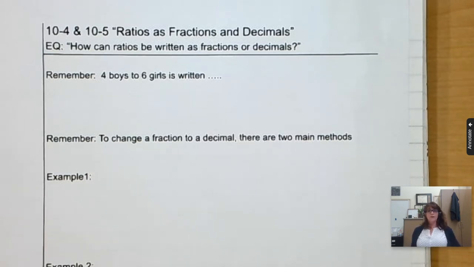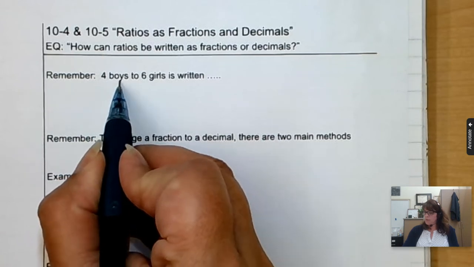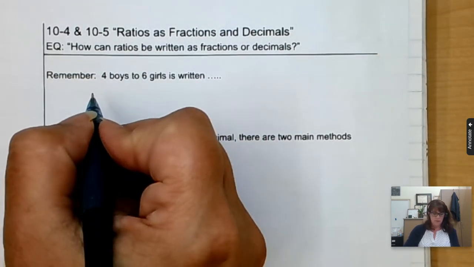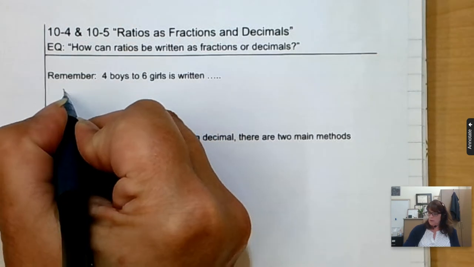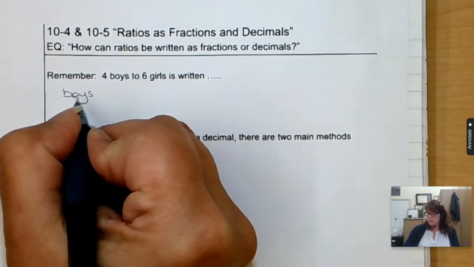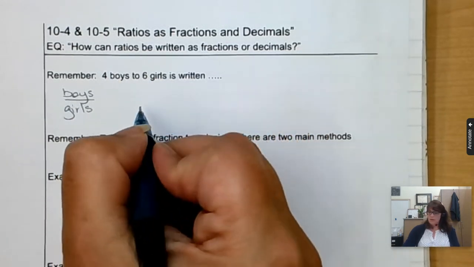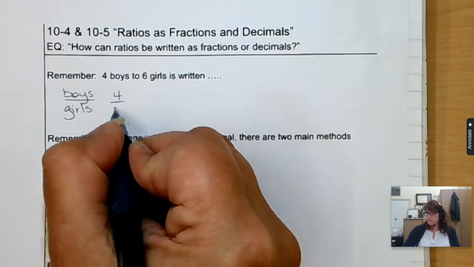But there are times where writing them as a decimal or something else is important. So remember, if I'm writing 4 boys to 6 girls, I'm going to go in that order. Boys to girls, 4 to 6.